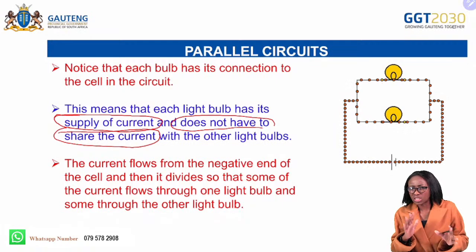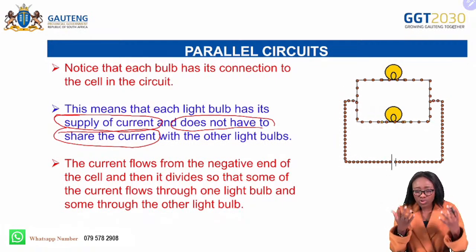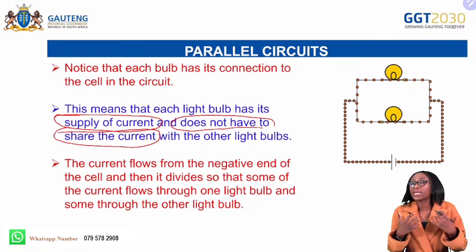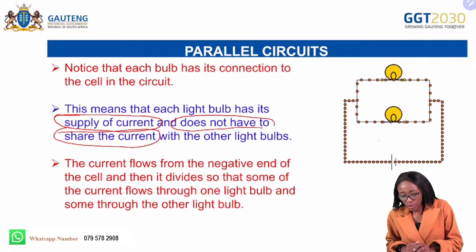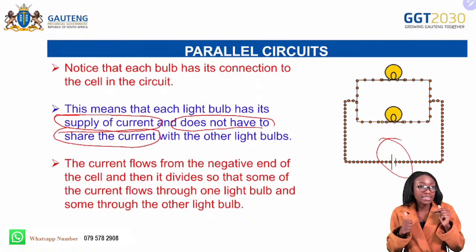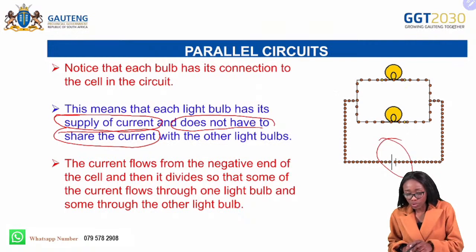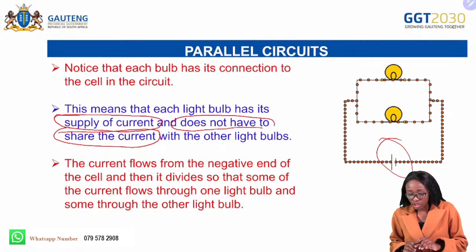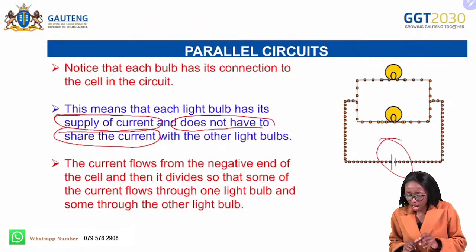Now let's look at this diagram and try to visualize what I've just said about not sharing the supply of current. We have our cell there, which is our power source, supplying us with current, and then we have our conducting wires. Let's think of these orange dots as our charges. Our charges are moving, supplied by the power source.